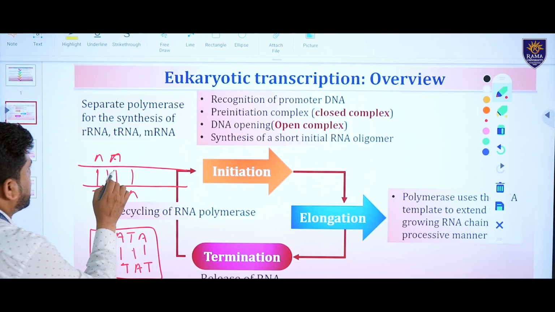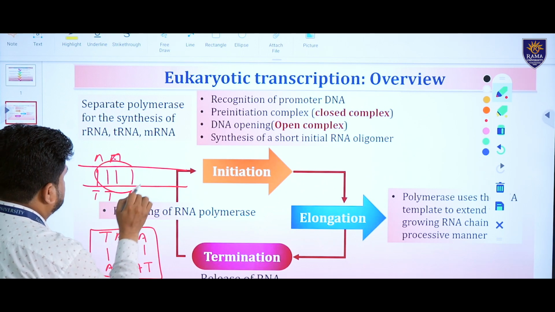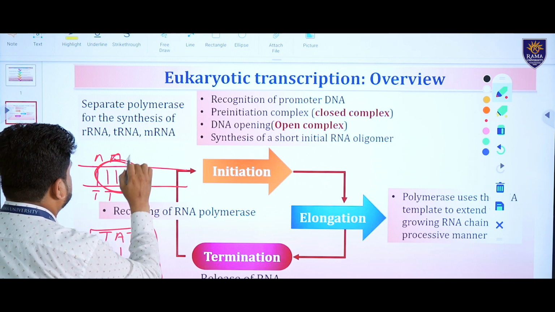In this place, a substrate molecule binds. These are the promoters.